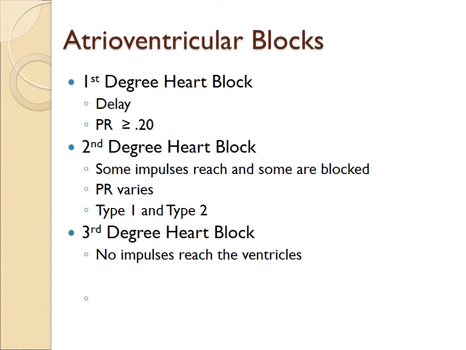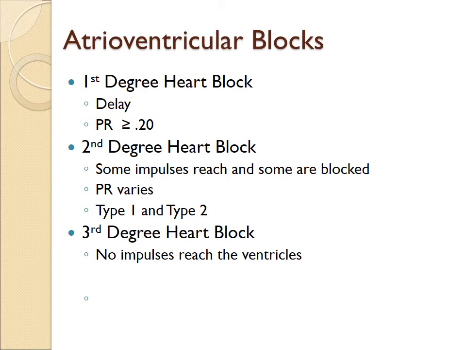First degree heart block is a delay of the impulse from the atria to the ventricles, and what ends up happening is the PR gets extended to greater than 0.20 seconds. In second degree heart block, some impulses reach and others are blocked, so the PR interval will vary.